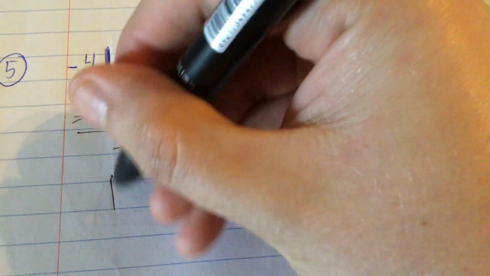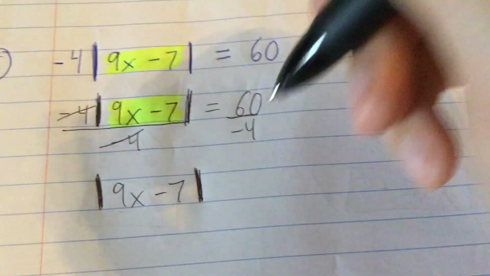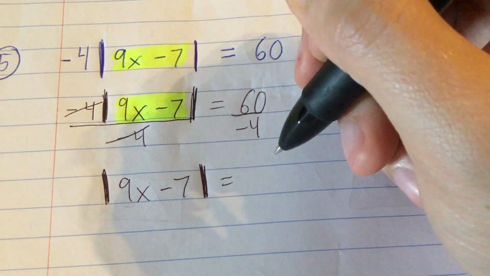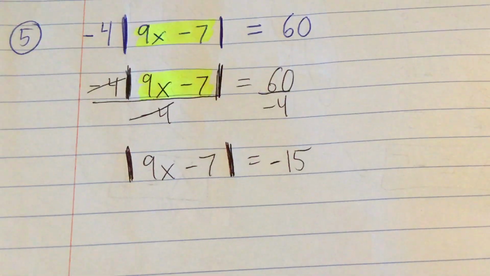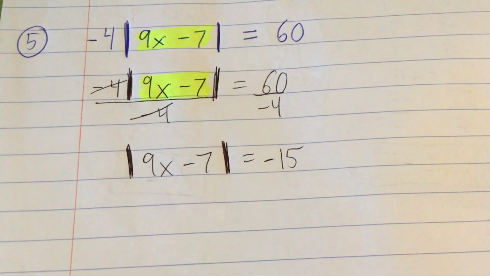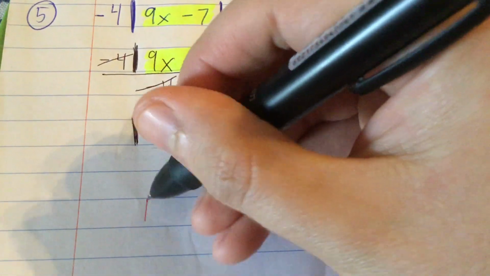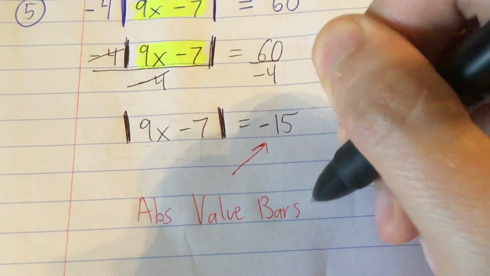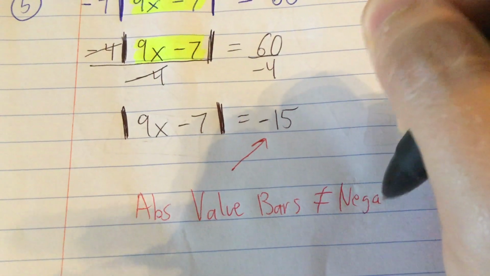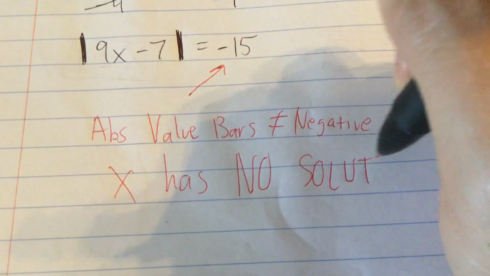And now I get the absolute value of 9x minus 7 is equal to 60 divided by negative 4, that is negative 15. Is this problem solvable? No. The absolute value bars can never generate a negative output. Therefore, x has no solution.